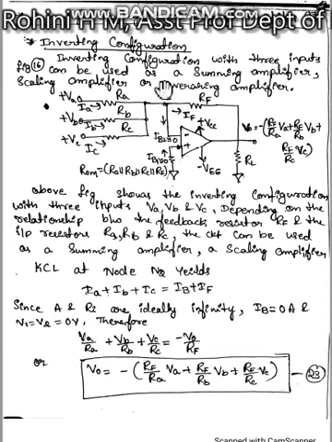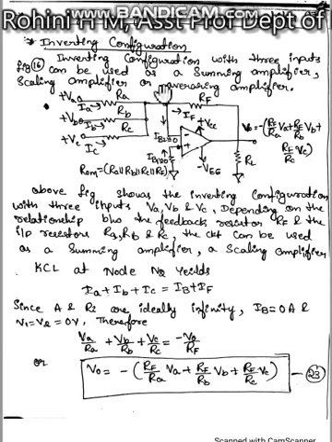But what is V2? What is the voltage near node 2? That is the same as the voltage near node 1 because of the virtual ground concept. Voltage near node 1 is 0, so V2 is also 0, hence neglecting this node voltage. IF is flowing from V2 to this node, so we can write V2 minus Vout by RF.